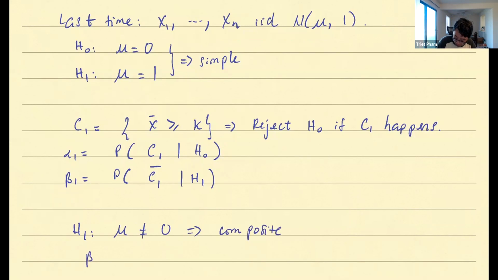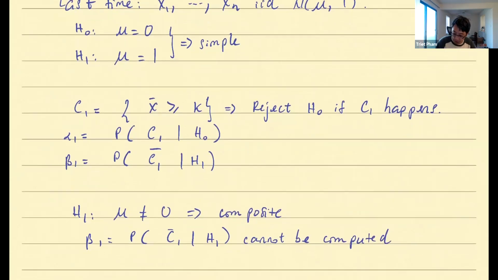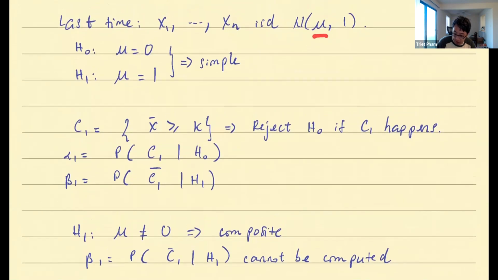Then beta 1 cannot be computed, because mu is not completely specified.